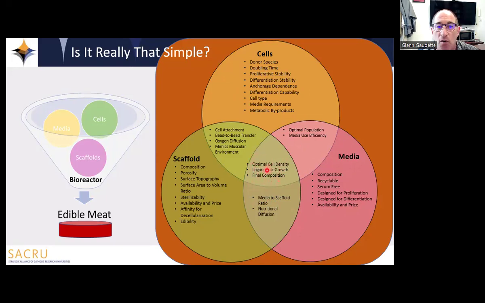Exponential growth? We don't know. We assume it's going to be exponential, but there's a lot of things that are going to affect that. How will the cells attach to the scaffold? A whole bunch of different concerns that still exist. And really, the field is just starting, and a lot of work still needs to be done, but I think we're headed in the right direction.